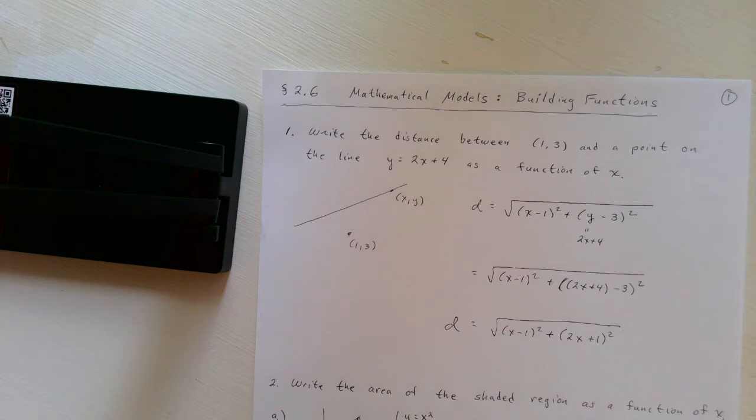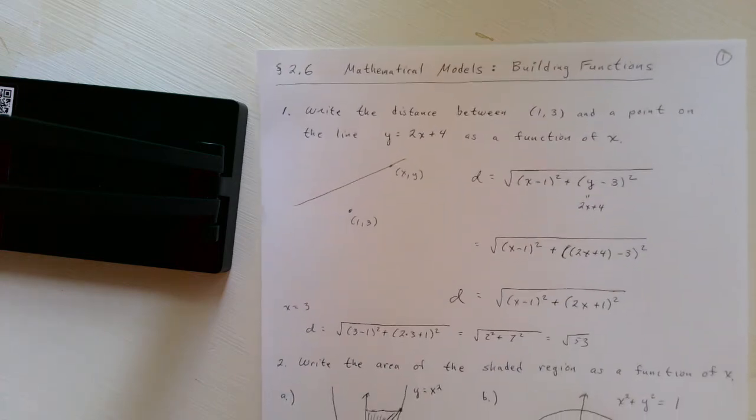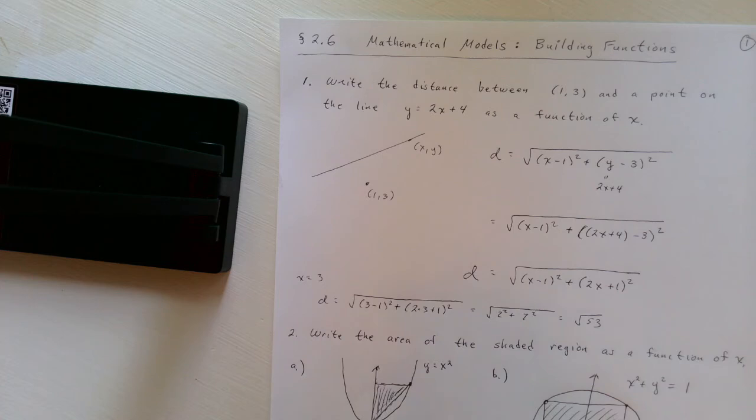If you wanted to plug in, let's say, x equals 3, the distance would be the square root of (3 minus 1) squared plus (2 times 3 plus 1) squared, and that would be 2 squared plus 7 squared, which is 4 plus 49. So this would be the square root of 53. You can just plug in any value. Notice that we don't have to simplify this.